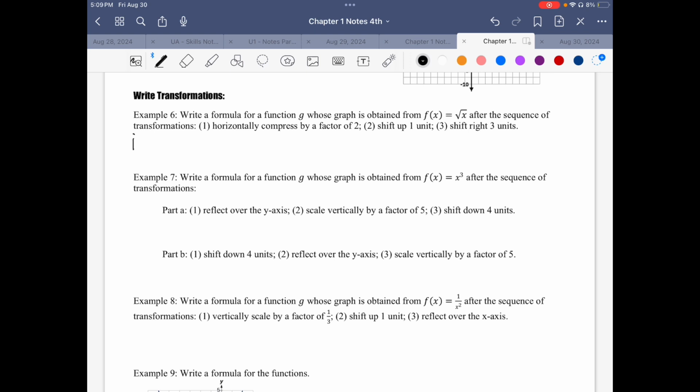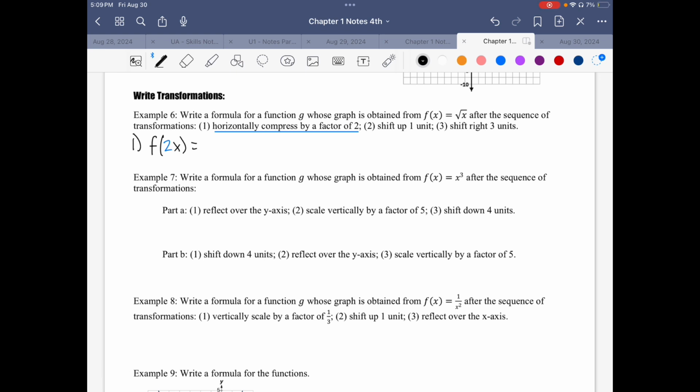So the first thing we're going to do is recognize that we need to horizontally compress by a factor of 2. So compress is another word for shrink. So horizontally compressing by a factor of 2, in this case, means multiplying by 2. So we are going to take f of 2x. That's how you horizontally compress.